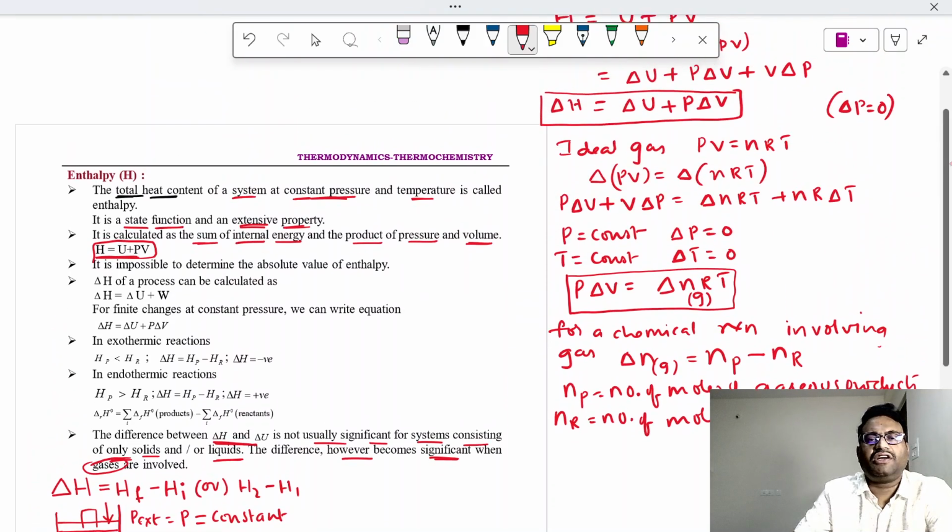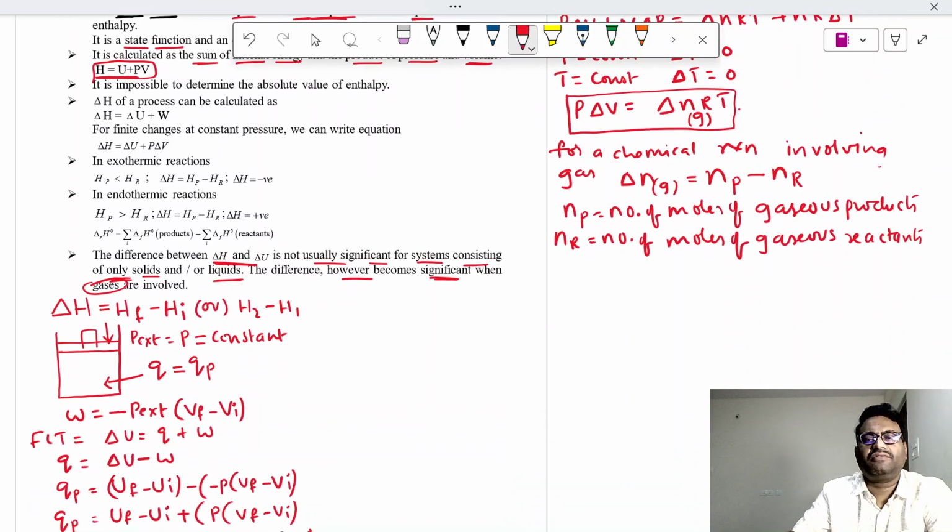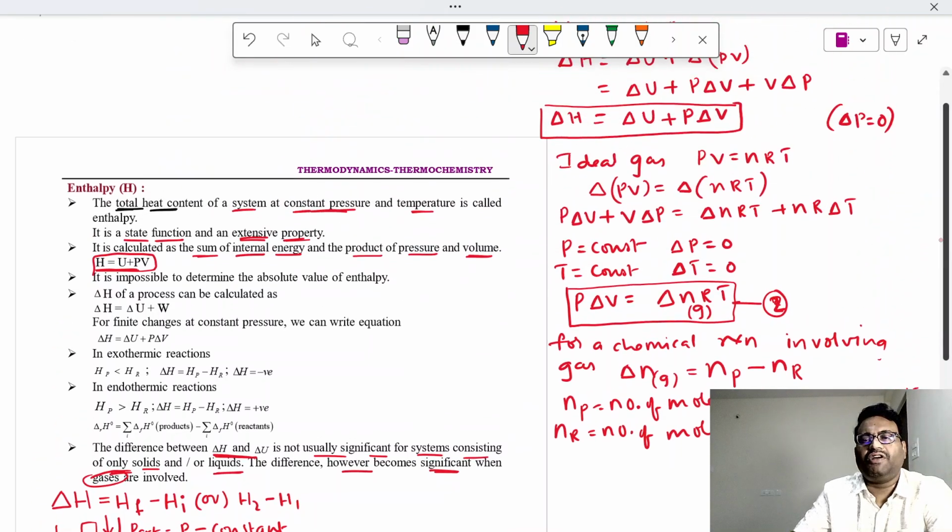What is that? Delta H is equal to delta U plus P delta V. Let it be equation 1.